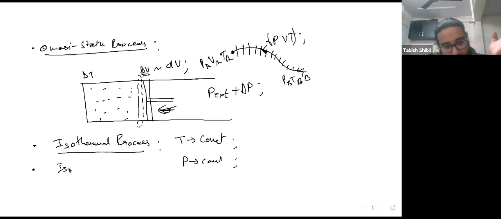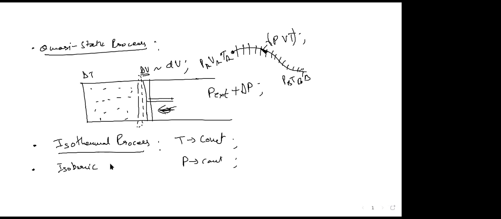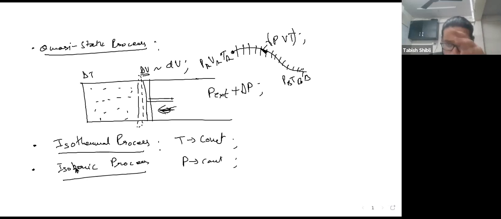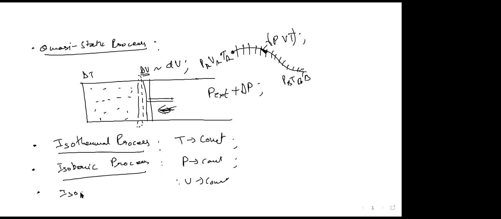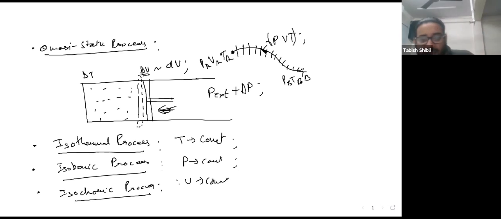I'll call it an isobaric process. Bar coming from the pressure unit bar. And a volume as a constant? Isochoric. I would say isochoric process.